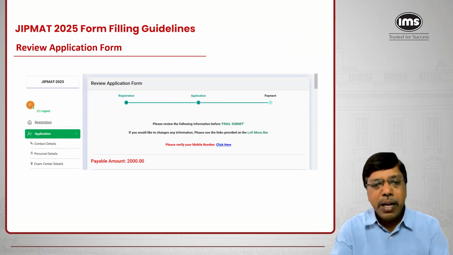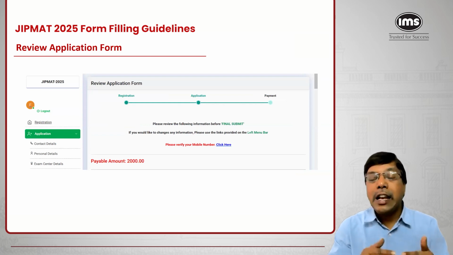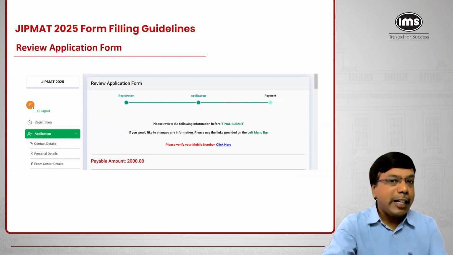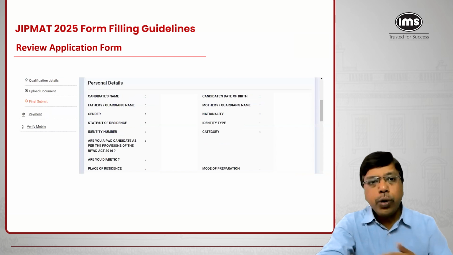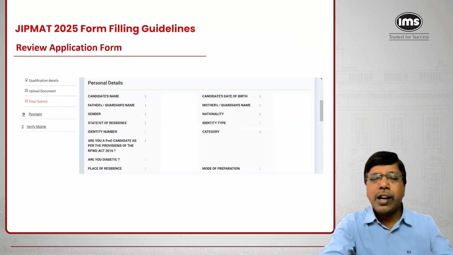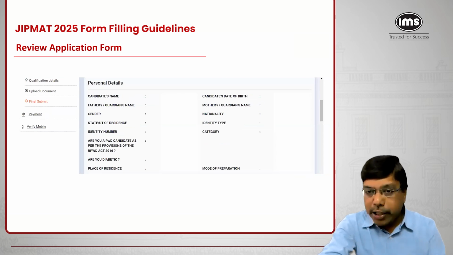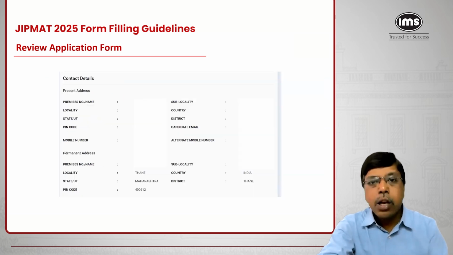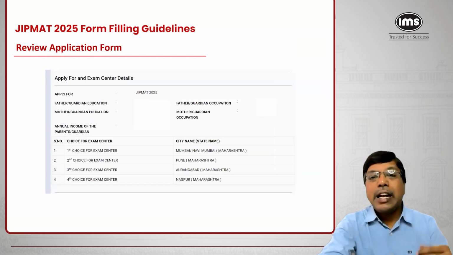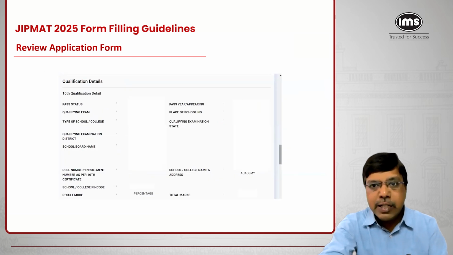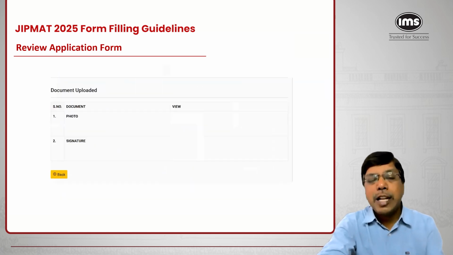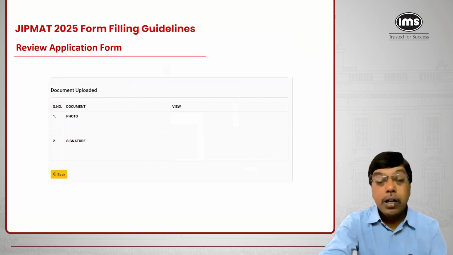You enter the OTP, then it will give you a final review of the application form before submitting all the details that you have entered. So you can go through the entire application right from the start and check the details that you have filled in, like your personal details, contact details, examination center details, qualification details, and the documents that you have uploaded.